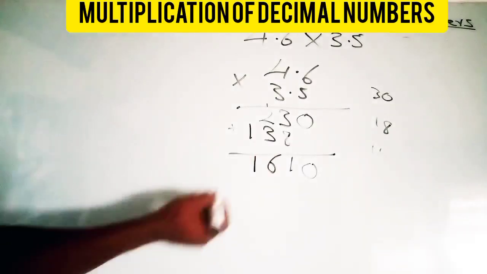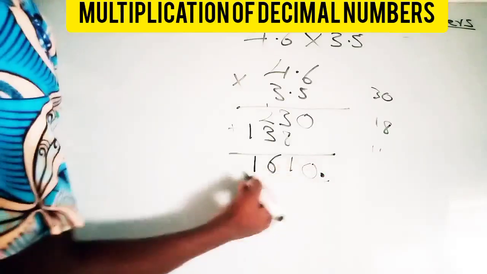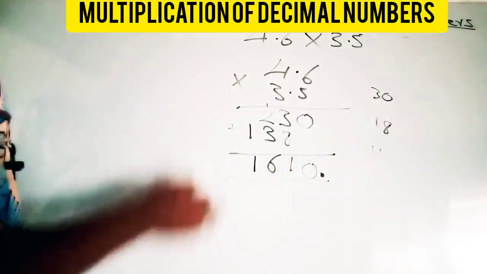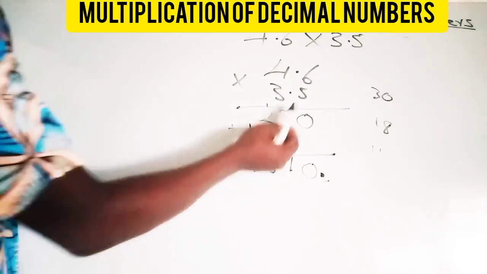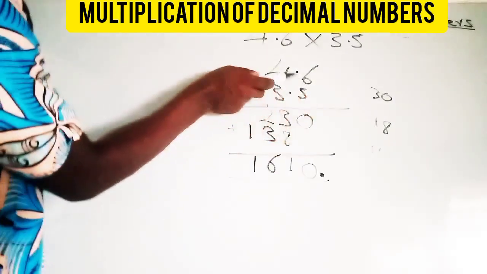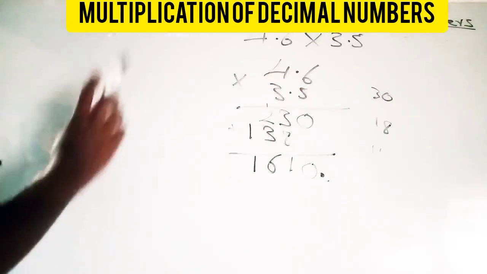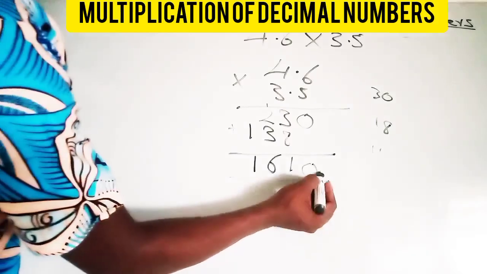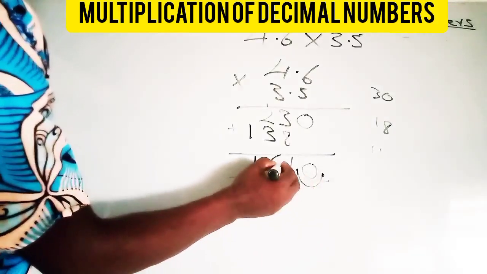Now, after you've gotten this, you realize that the point is here, which is invisible. So every whole number has a point in front of it. Now you count the decimal places. How many decimal places do we have in the question? This is one decimal place. This one is also having another decimal place. So the two of them, you add them. So we are having 2 decimal places in all. So you stand here and you move the decimal place to the left-hand side 1 time and 2 times.